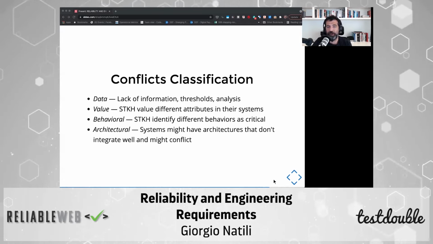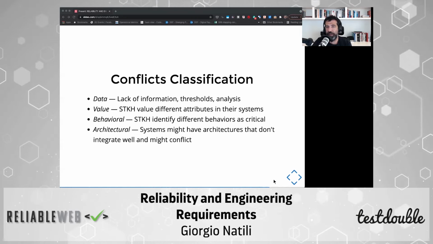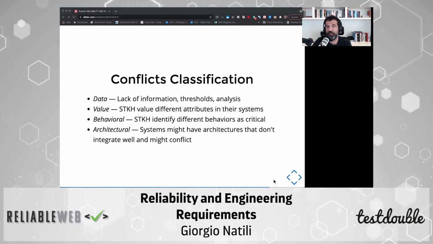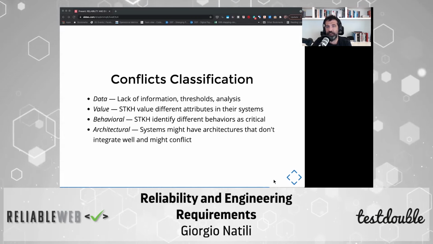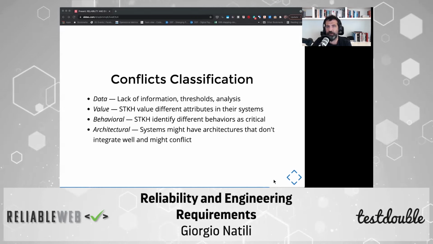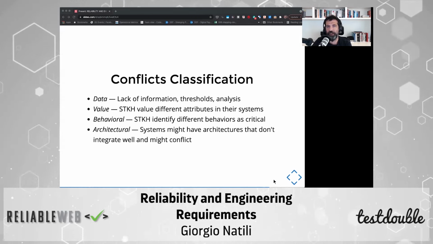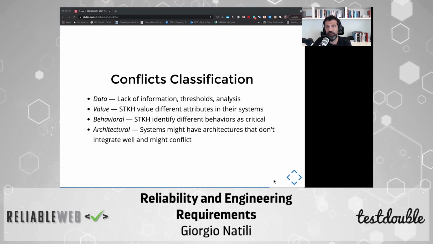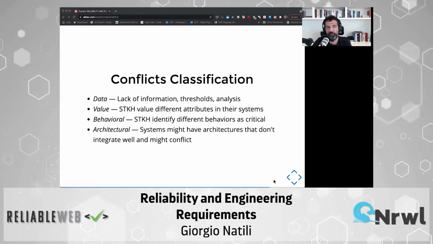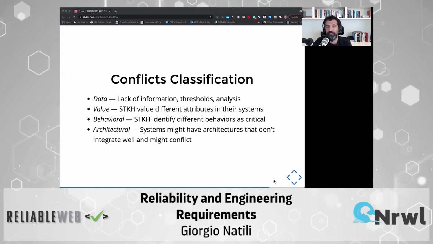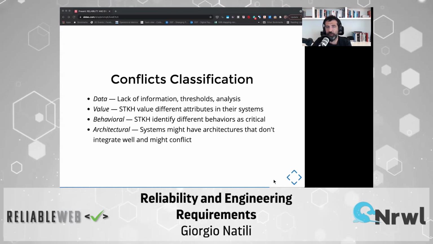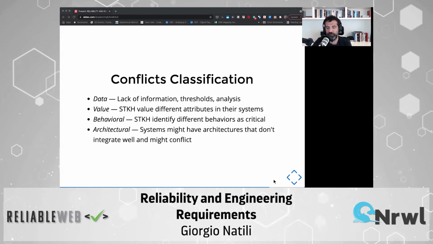From a behavioral standpoint, stakeholders can have different behaviors as critical, and therefore they can create conflict around their prioritization and their vision for the next step for your system. There are different architectures that sometimes don't integrate well. This can create other conflicts.